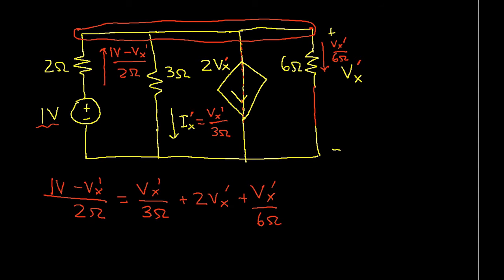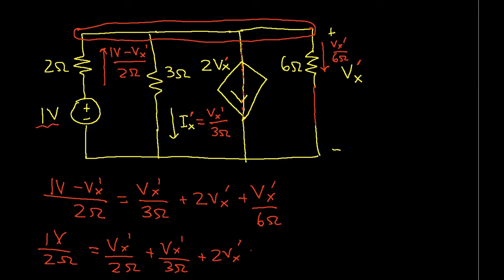And we can basically solve this for Vx prime. We can move all of the Vx primes over to one side of the equation, and we get 1 volt over 2 ohms is equal to Vx prime over 2 ohms plus Vx prime over 3 ohms plus 2 Vx prime plus Vx prime over 6 ohms.